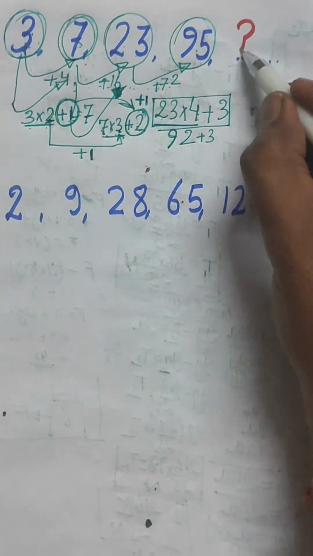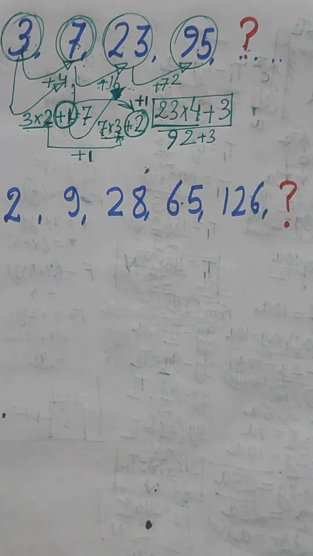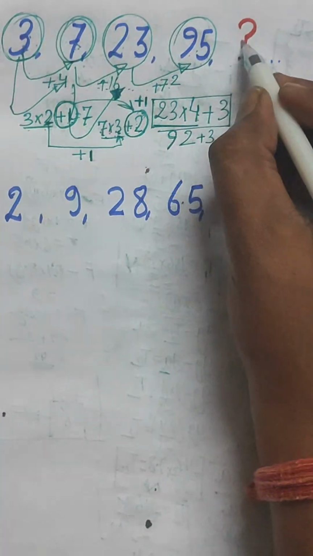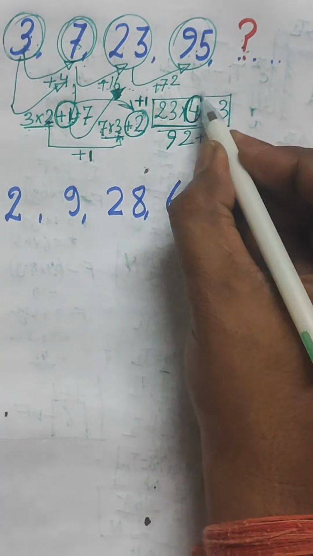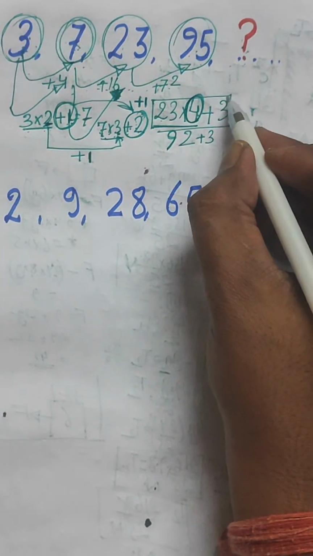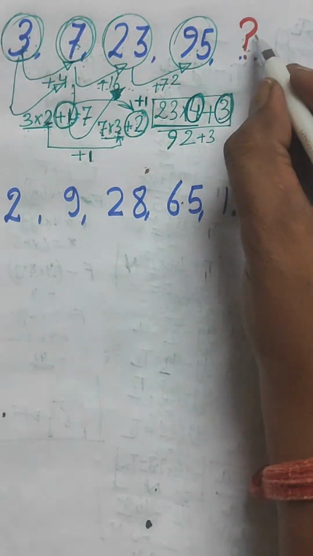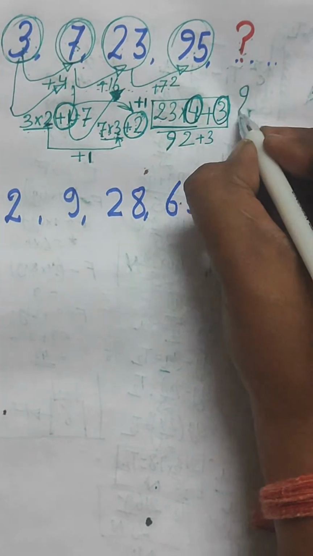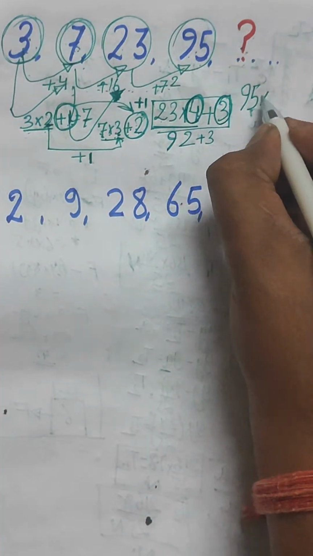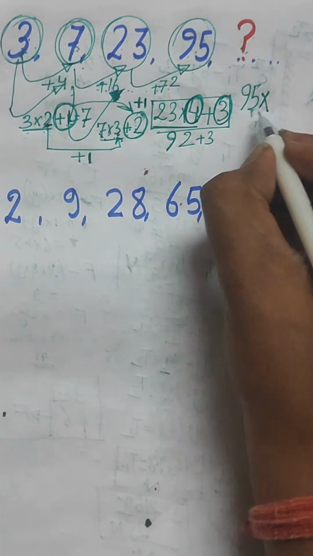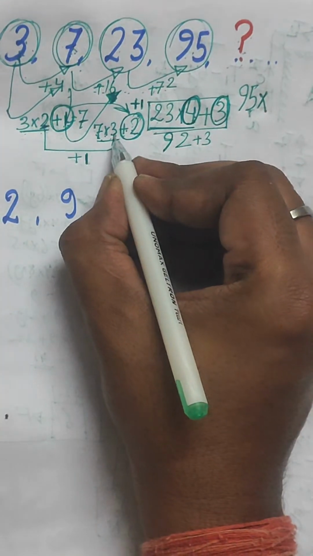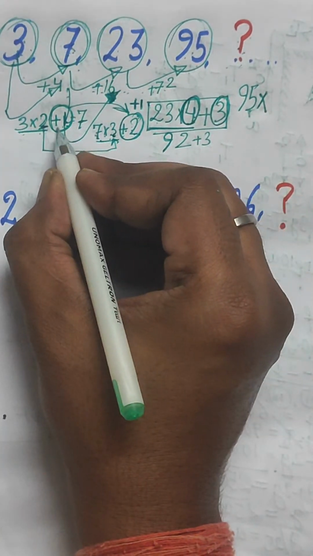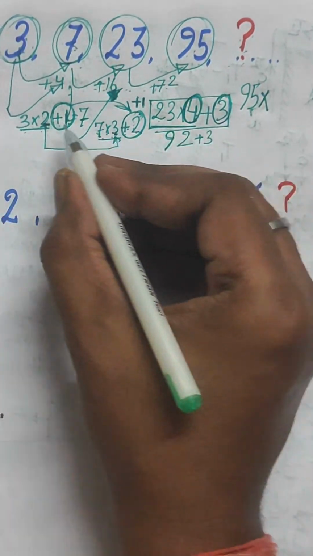Now what will be the number at the question mark? The same logic will be applied: multiply by n plus 1. Here n was 4, and the number added was 3. So the next number will be 95 multiplied by 5, since the earlier multipliers were 2, 3, 4.